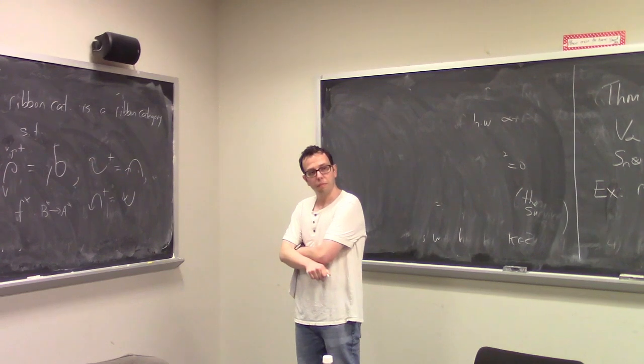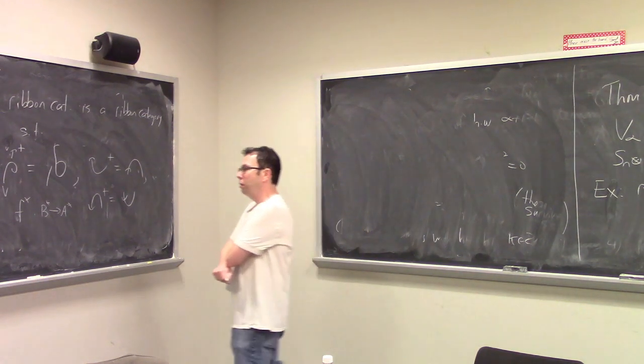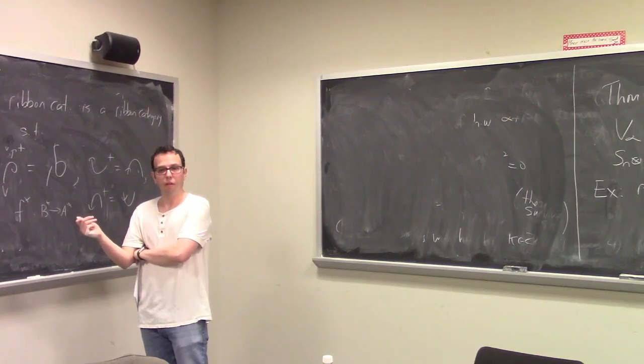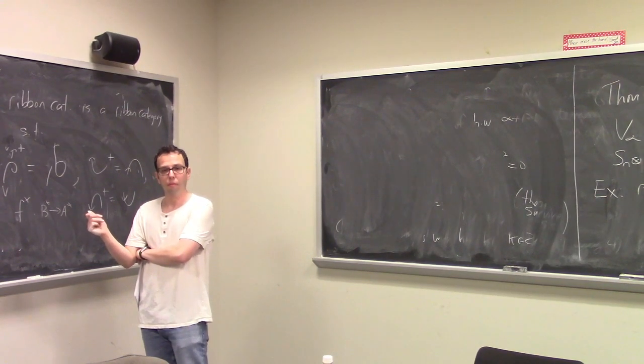You have some oriented things, and now you have this dagger, and it just ignores the orientation? It's like every morphism can have a morphism back, going back. It's not trivial that this dagger exists on a random ribbon category.